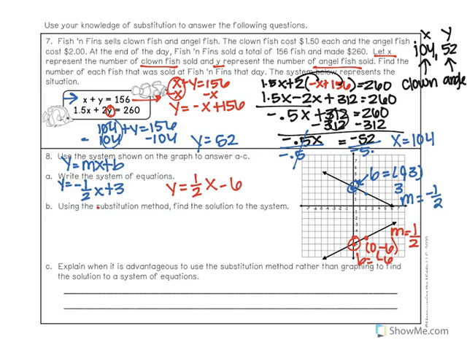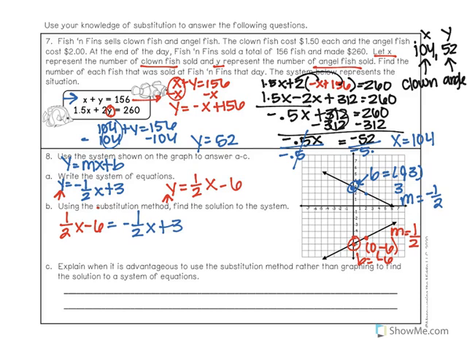Since I have y, I have to plug it in here or here. I plugged in for the wrong thing originally, but now I'm going to rewrite it so it's 1/2 x minus 6, which is the red, is equal to, because that is y, negative 1/2 x plus 3. Now I can solve for my x value.